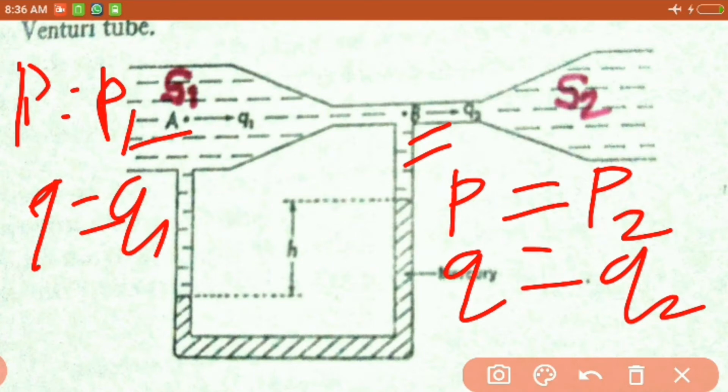By putting these values in equation second, what do we get?